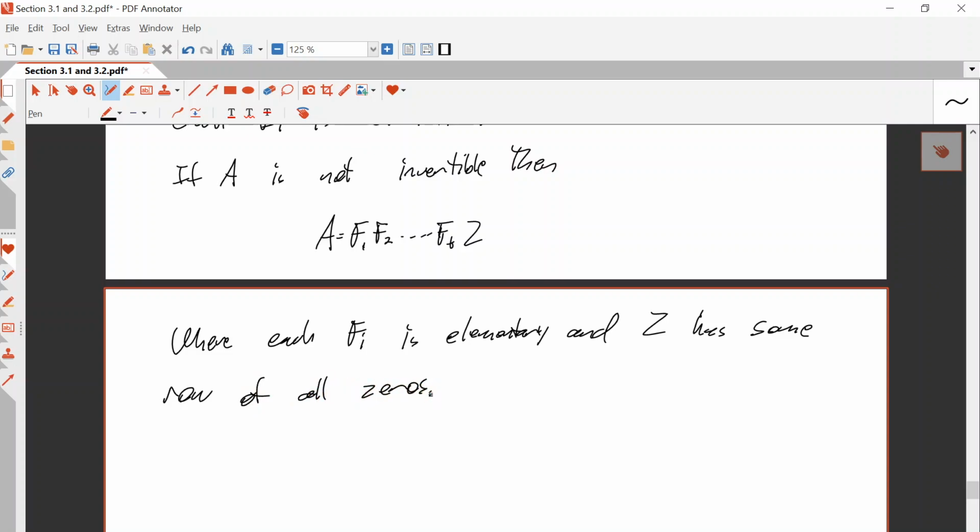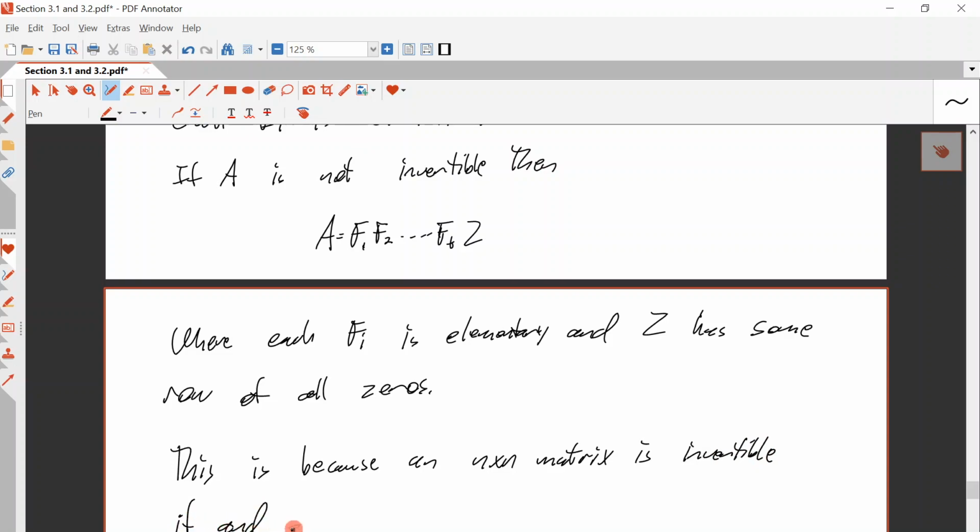We showed that a matrix is invertible if and only if it reduces to the identity, if and only if it has n pivots. An n by n matrix is invertible if and only if it has n pivots.